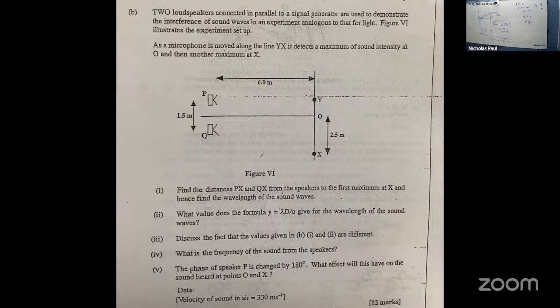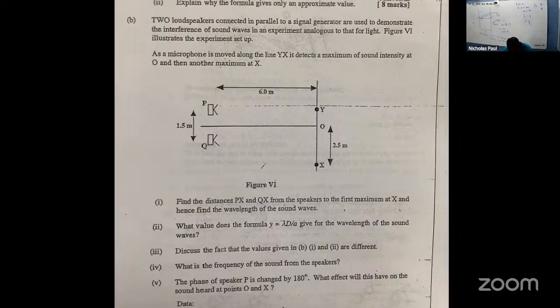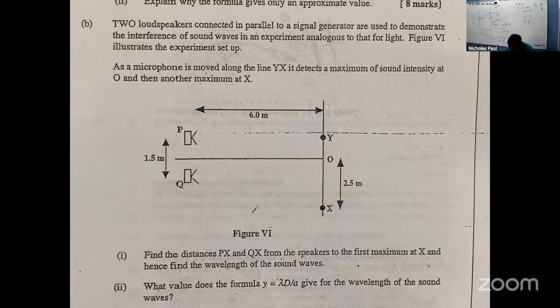Okay, let's try this, please. Come on, Olivia, we have to go. So what we need to do.